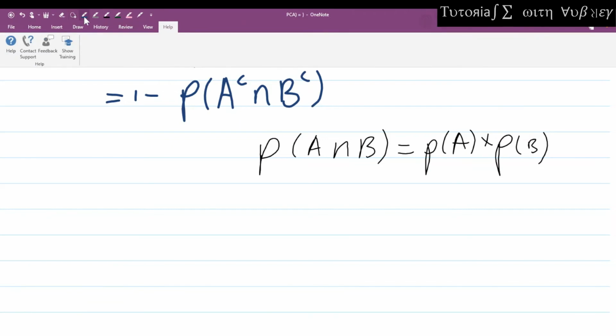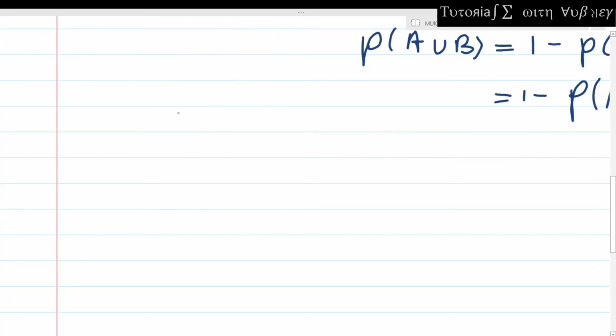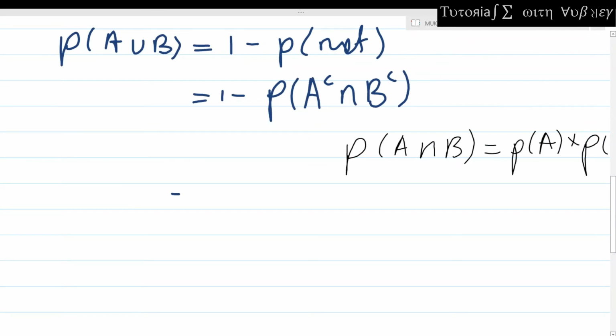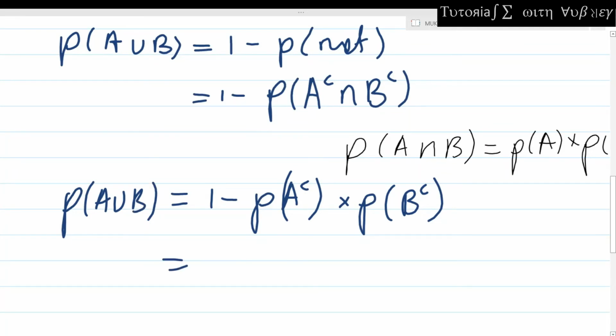So here we proceed. So if you used that formula, you get a problem there. So here, let's proceed. So this will be equal to 1 minus probability of A complement times probability of B complement. So that will be probability of A union B. Okay, which is 1 minus, what is A complement?